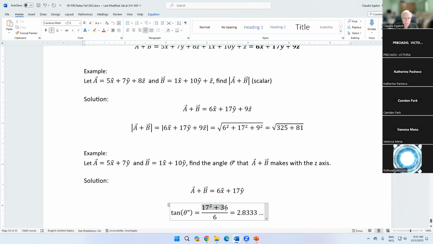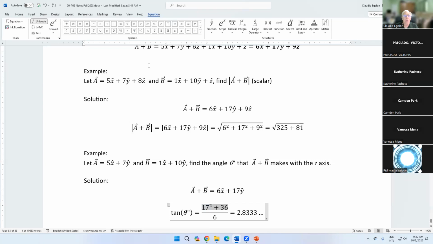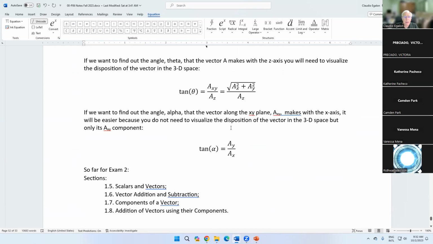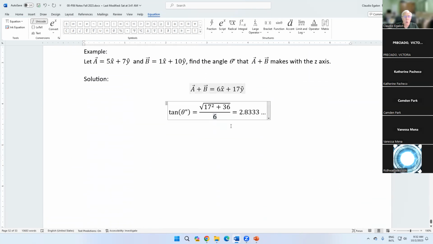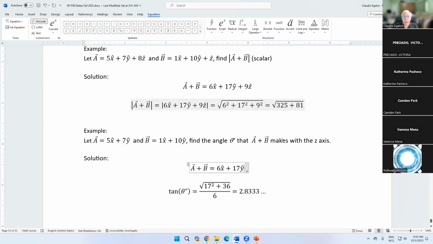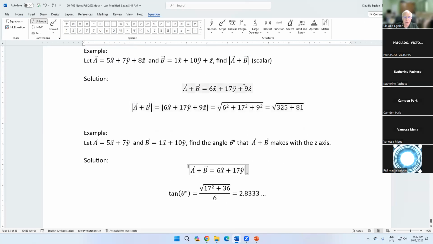And then we have a square root here. Yeah, the x, y, and then we have the z component here. This one, let's not forget, 9z. I'm going to put 9z here.